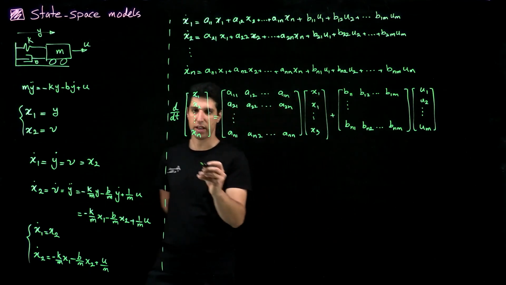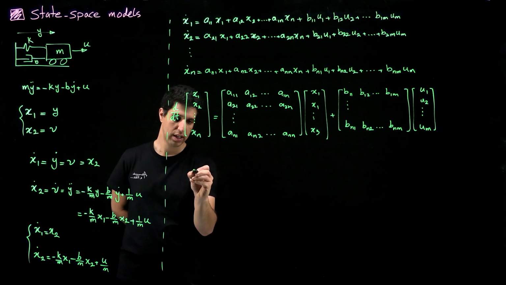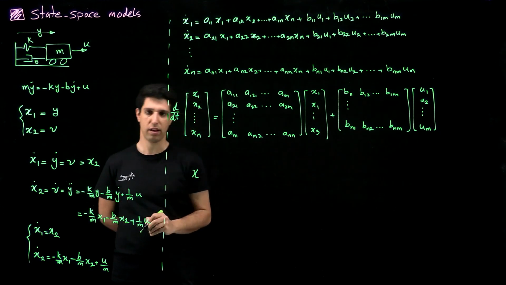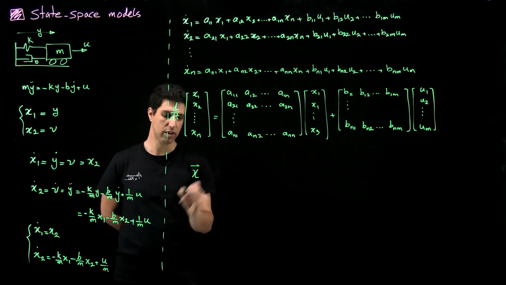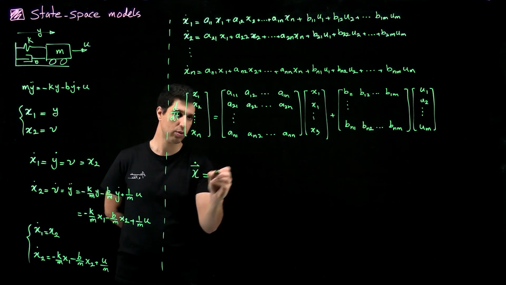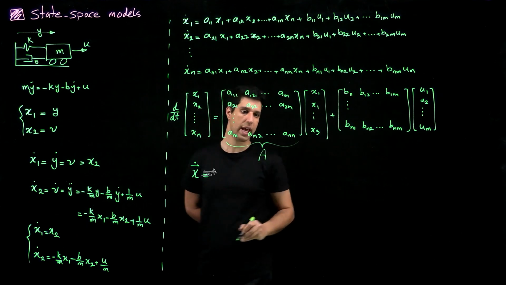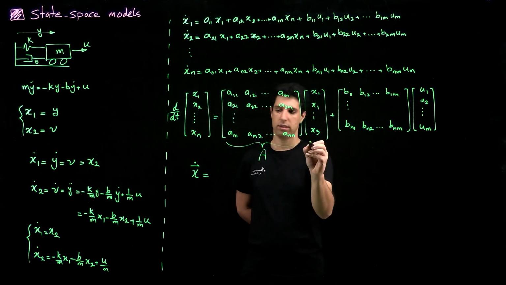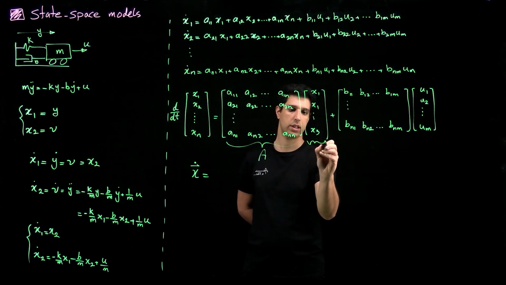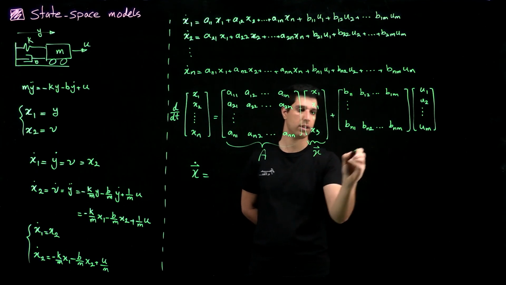And finally, I can do this. Let's call the state vector x, so x dot equals, let's call this matrix A, times x.